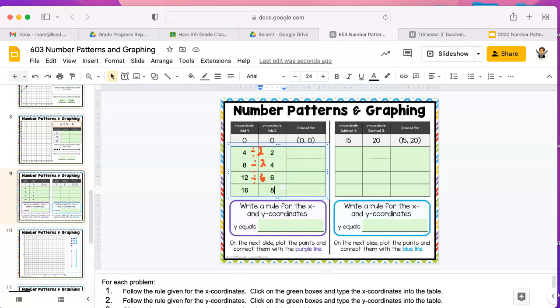Excuse me, I made a mistake. Thank you for catching that, boys and girls. 16 divided by 2 equals 8.